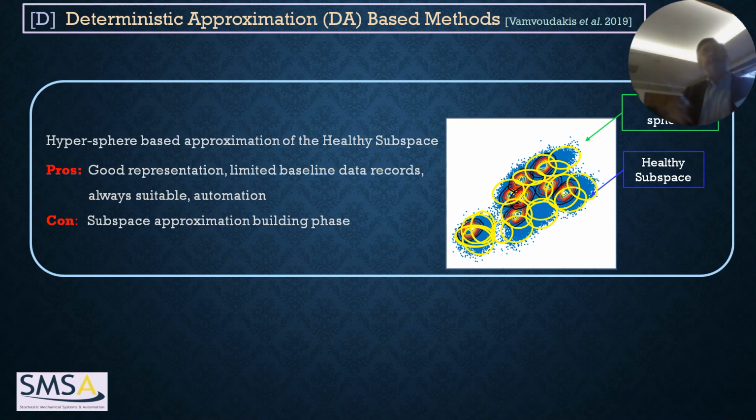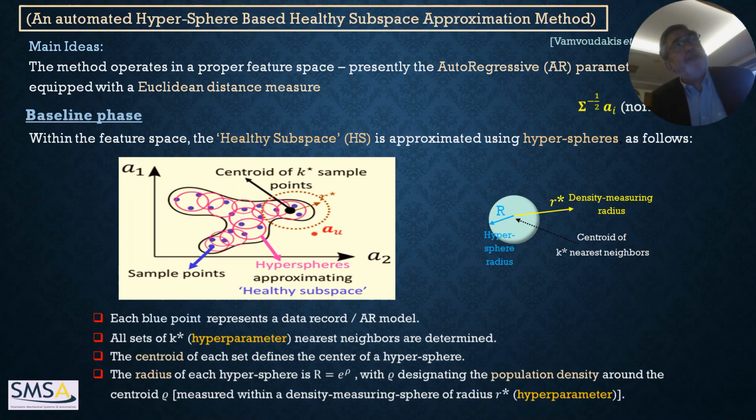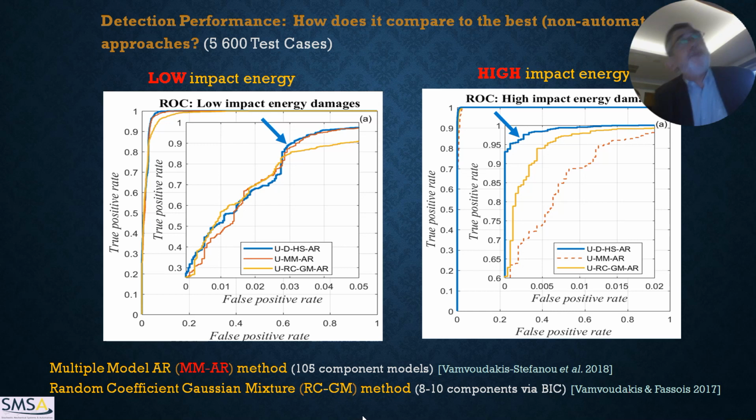We're just using ellipsoid approximation. This is also of interest and can also give good results. So if you see here for the high impact, the performance is very close to the ideal. For low impact, not so much, but it's along the lines of what we got before, very similar.